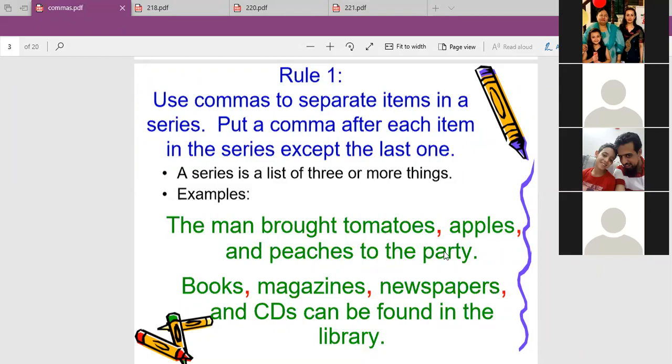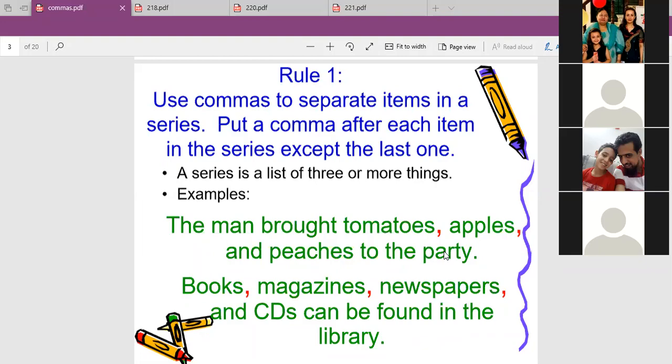When I'm talking about more than one thing, after each thing, I must put a comma, so we will know this is a separate thing. Tomatoes is a separate thing. Apples is a separate thing. And we stop putting the comma before the last one because 'and peaches' means there is nothing more after peaches. So there we do not need a comma.